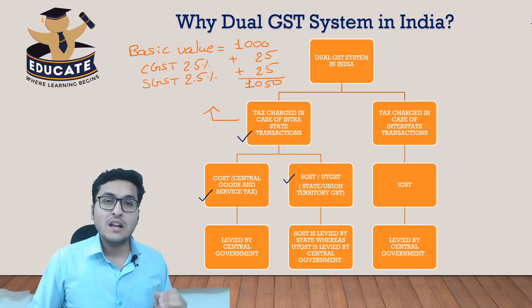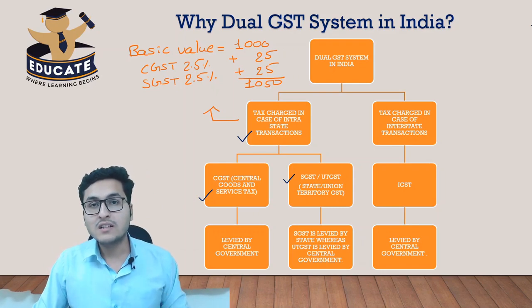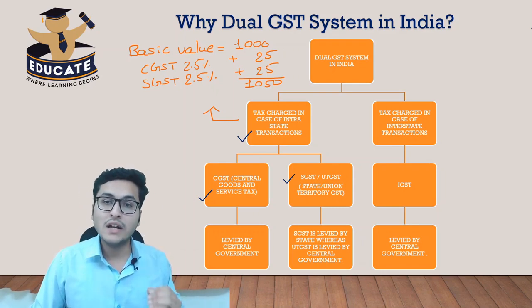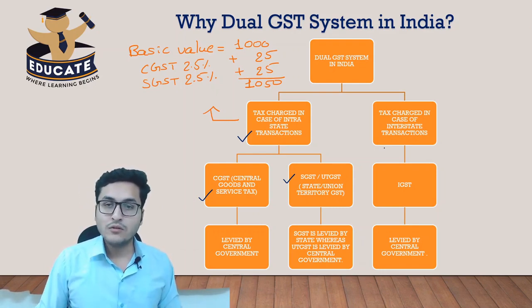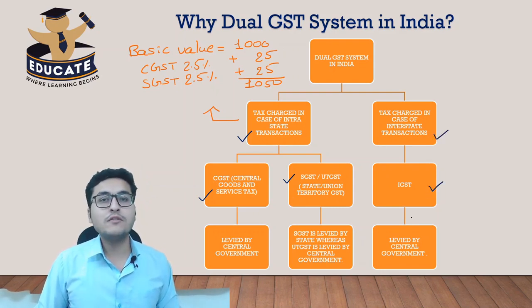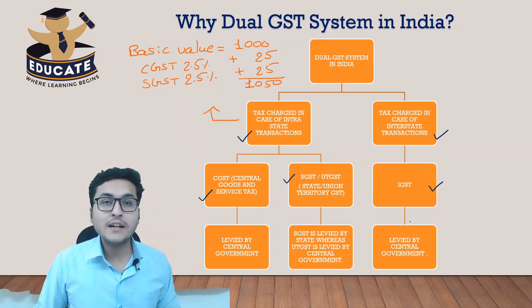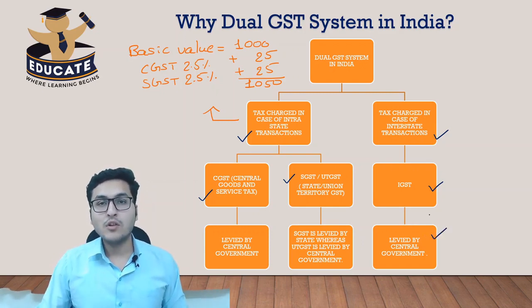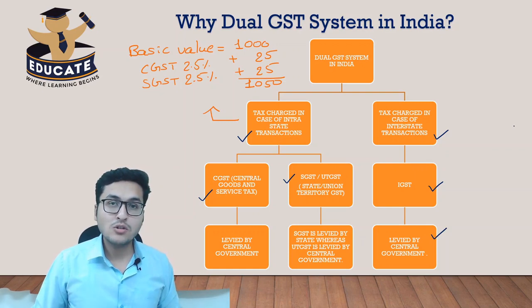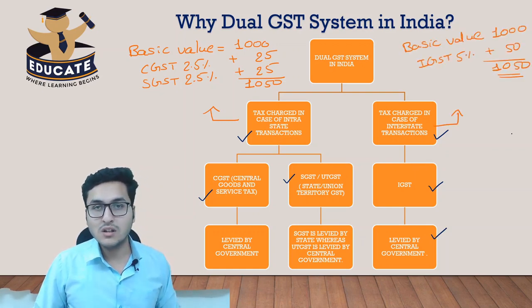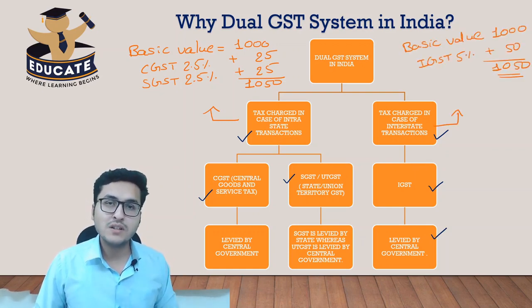Now friends, let us understand what tax would be charged in case of interstate transactions. So friends, in case of interstate transactions, IGST would be charged. IGST indicates Integrated Goods and Service Tax, and it is collected by central government. For example, we supplied goods worth rupees 1000 and GST rate is 5%.